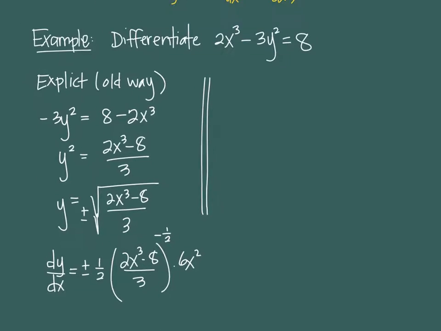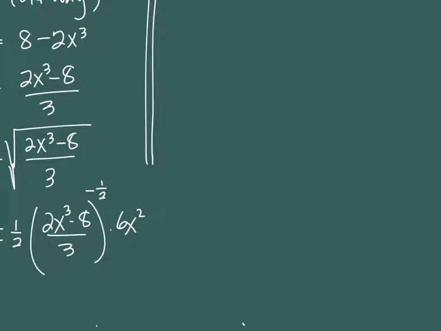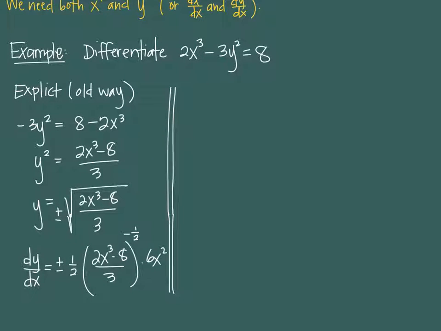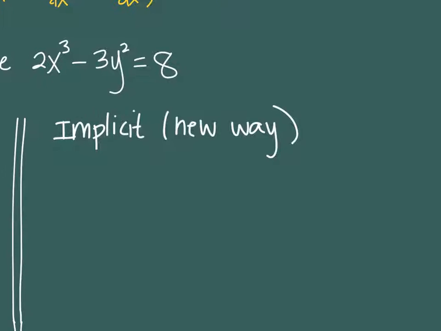So let's compare that to the implicit way. Don't bother getting y by itself. Just take the derivative of 2x cubed, which is pretty easy.